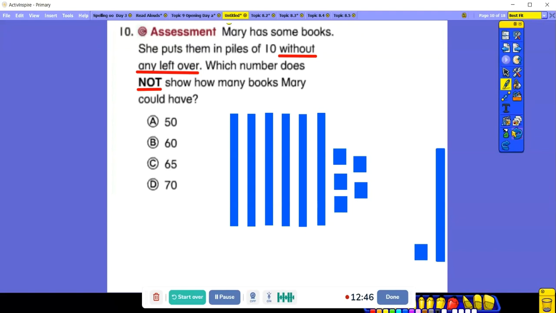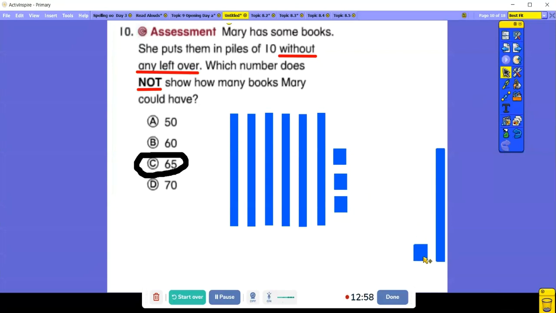And then let's also try our last one. Oh my goodness. There we go. So I'm going to put our leftovers away. And now D says 70. So let's try that number.